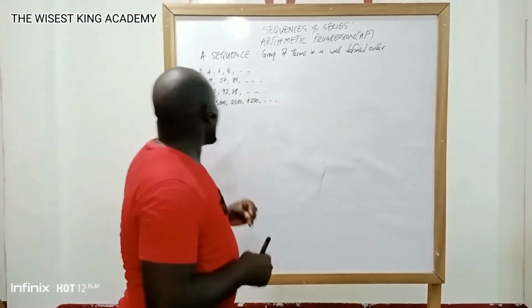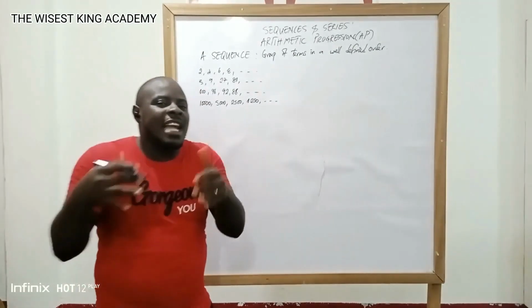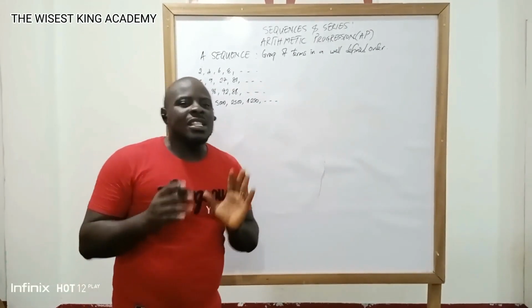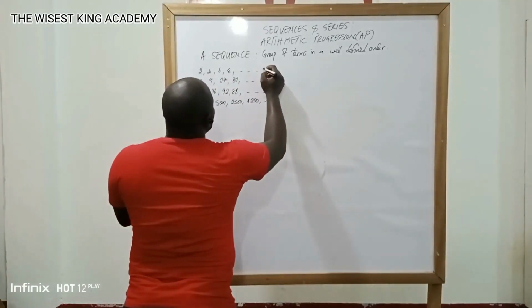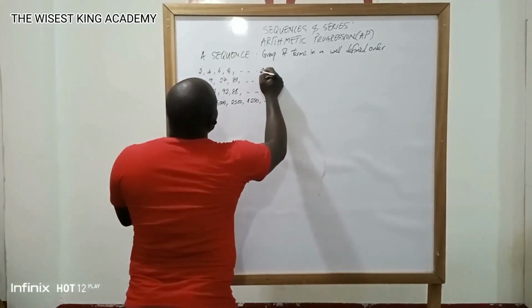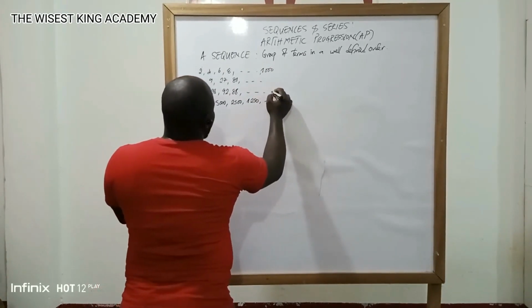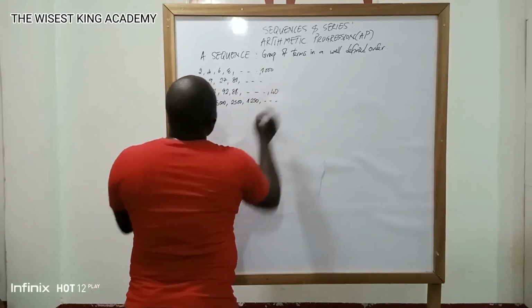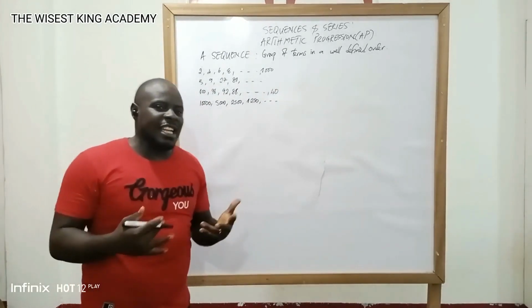Looking at a sequence, it may also be finite or infinite. A sequence is finite if the last term is known. Let's say this ends at 1,000. Let's say this ends at 40. So you see, example 1 and example 3 are finite sequences.